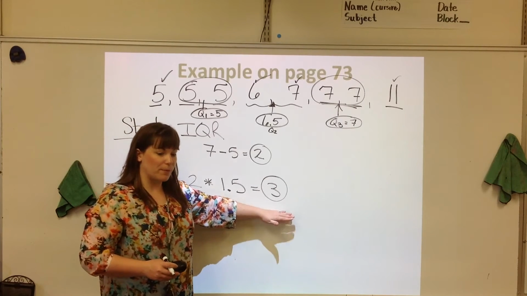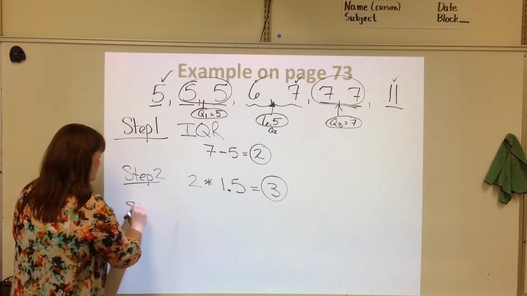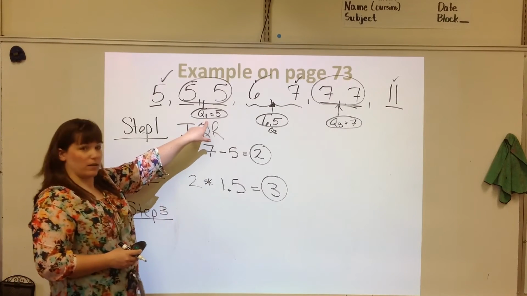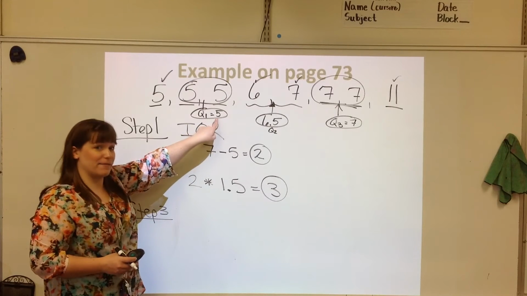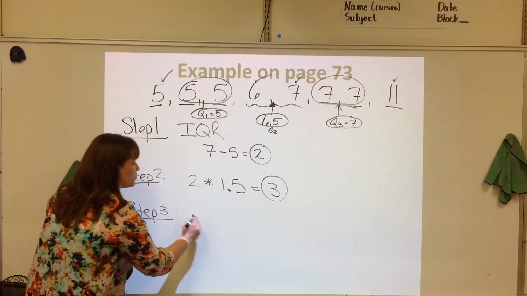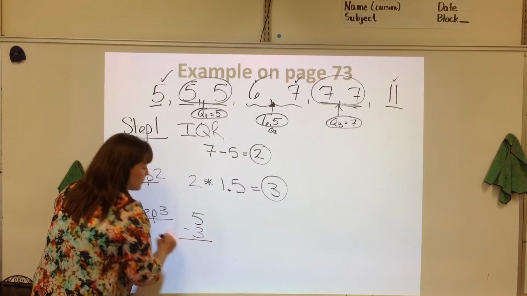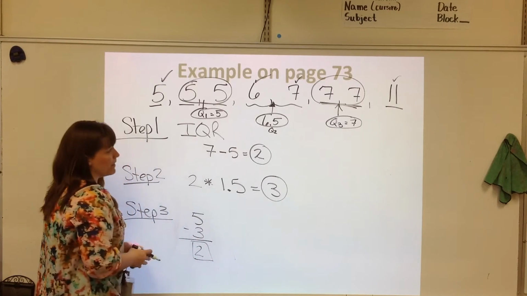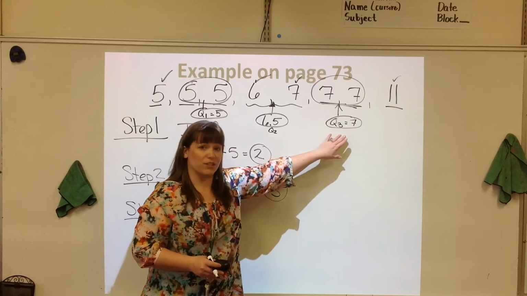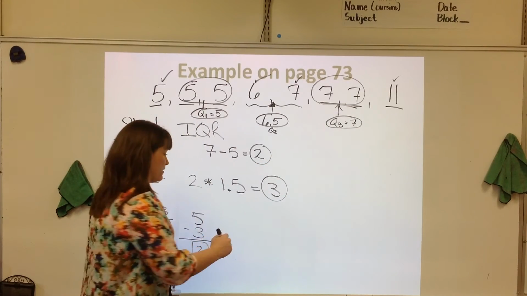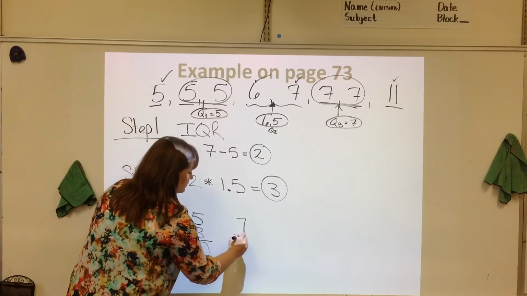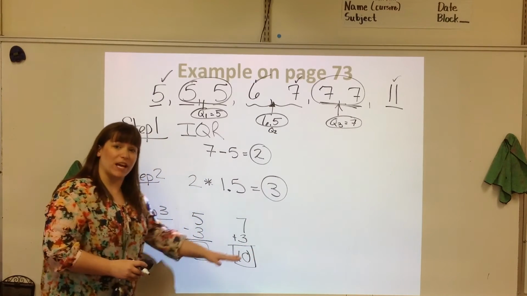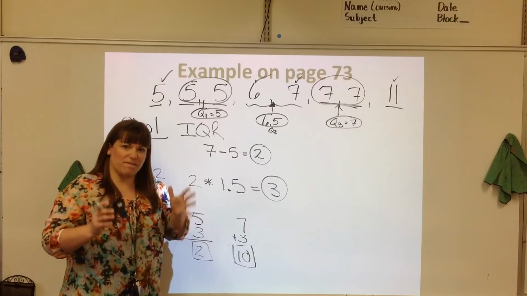So for step number 3, we're going to take our Q1, our 5, and we're going to subtract 3 from 5, and we get 2. And then we're going to take our Q3, our 7, and we're going to add 3 to it. These numbers, 2 and 10, are our boundary, our fence.